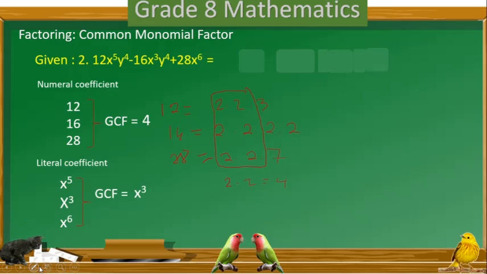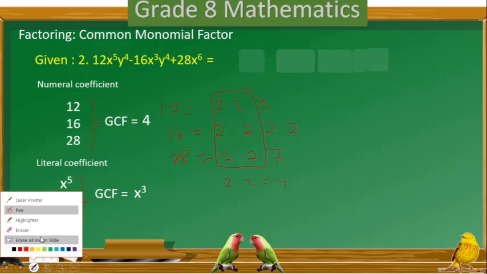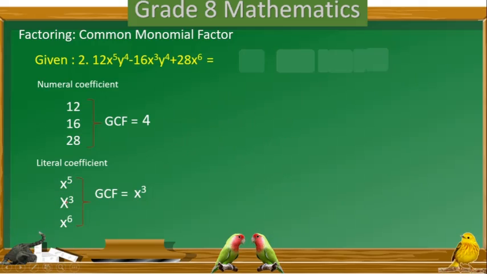So that is our greatest common factor for the literal coefficient. Now by combination that will become our greatest common monomial factor of the given expression, 4x cubed.